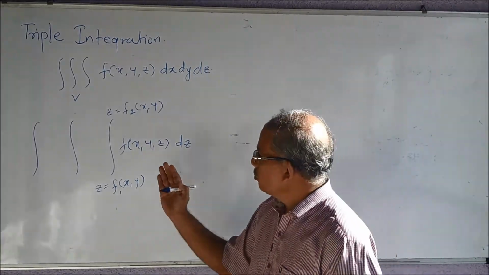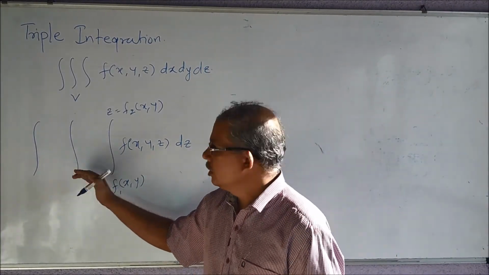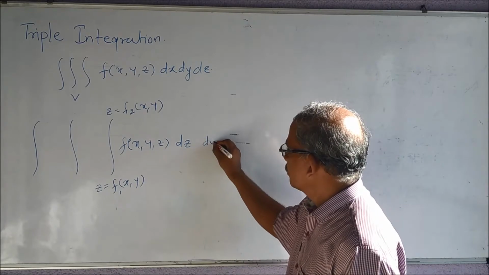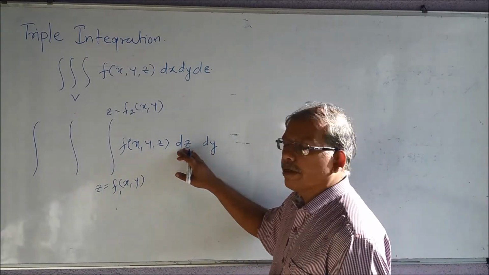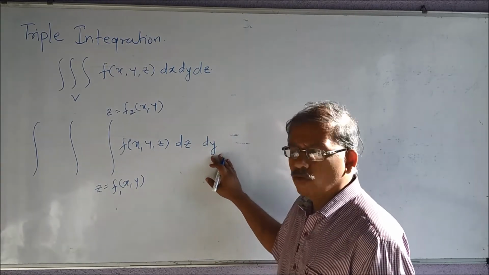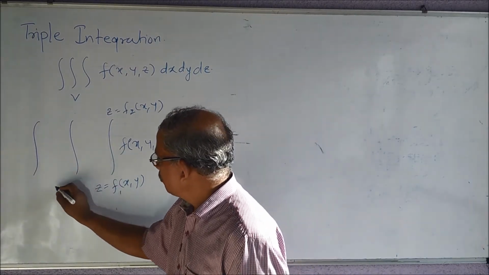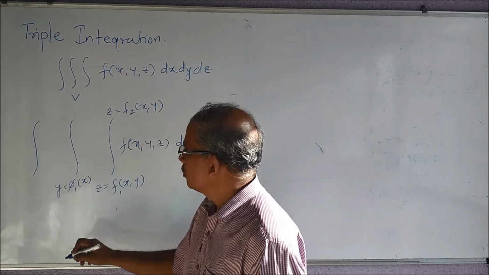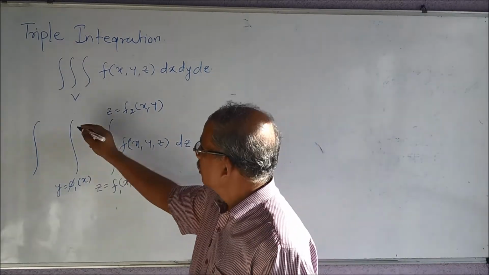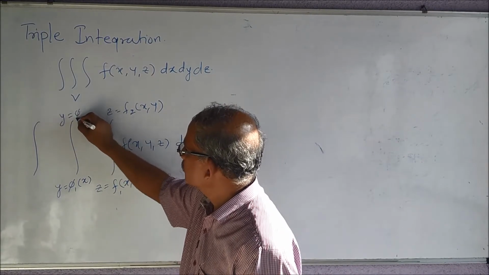Now the middle integration is with respect to dy. So we finalize that inner integration is with respect to z, then with respect to y. So this limit will be expressed as some function of x. So y goes from some function of x to some function of x.